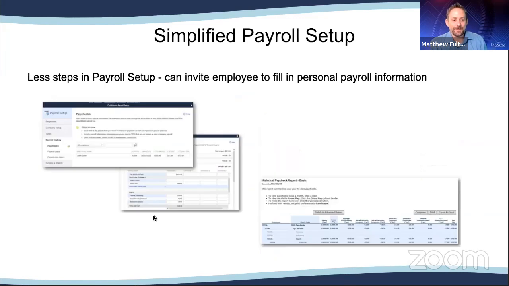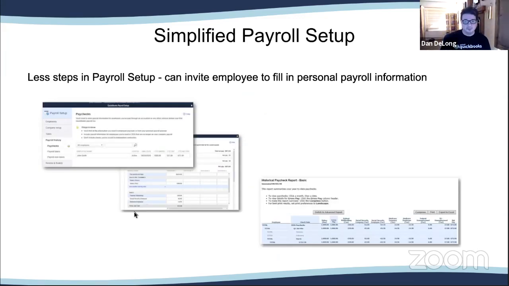Good deal. Now there's also simplified payroll setup, so there are fewer steps. This has always been a nebulous thing: when you launch the payroll setup, there are 42 steps, and you need to set up payroll correctly, so you want to make sure those steps aren't missed.